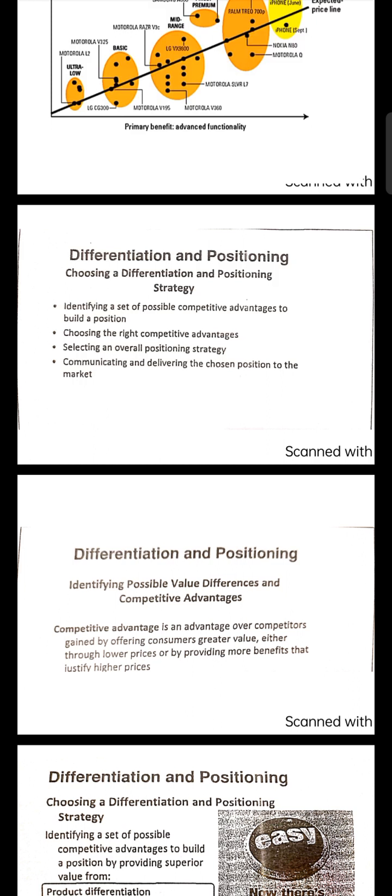Okay, what are the things that you have for your product or your service that could be better than your competitors. Okay, second, choosing the right competitive advantages, selecting an overall positioning strategy. Okay, last one, communicating and delivering a chosen position to the market.